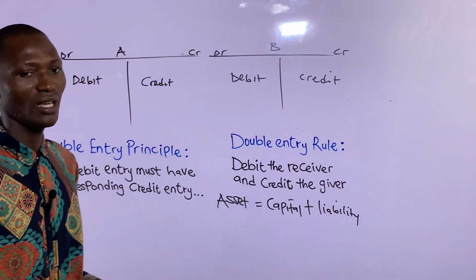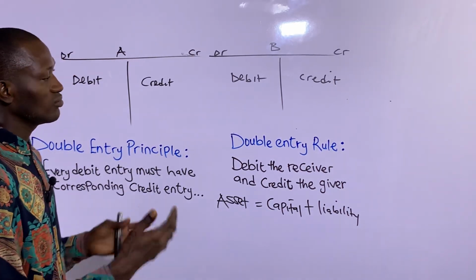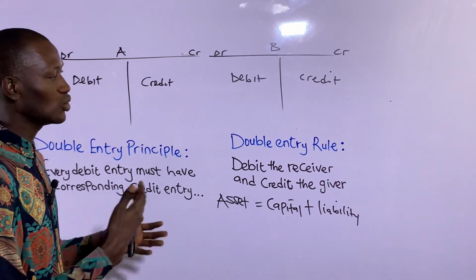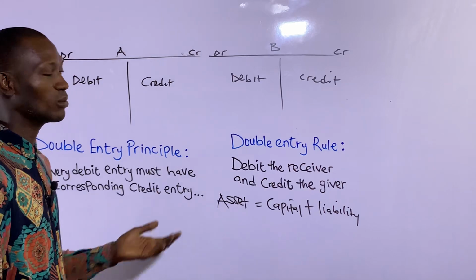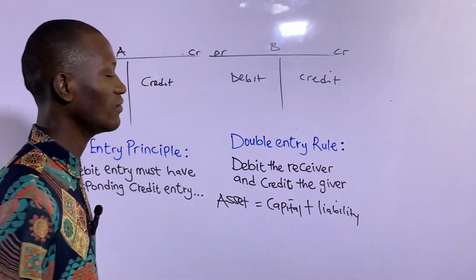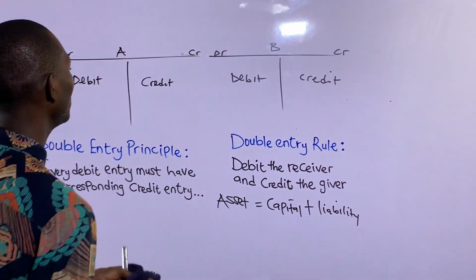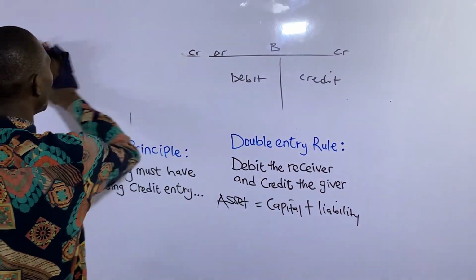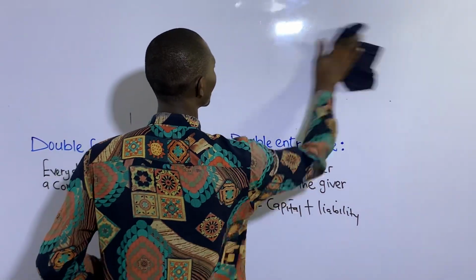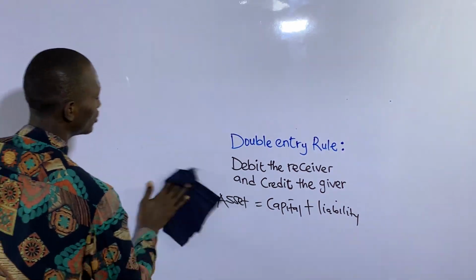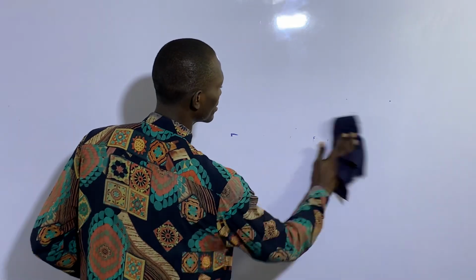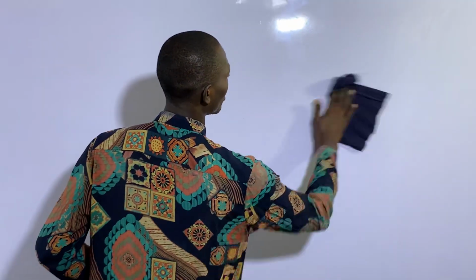So let's quickly practice one or two transactions for which the double entry could be completed. So now that you've understood the double entry system, the double entry principle, and the double entry rule, let's practice some questions.